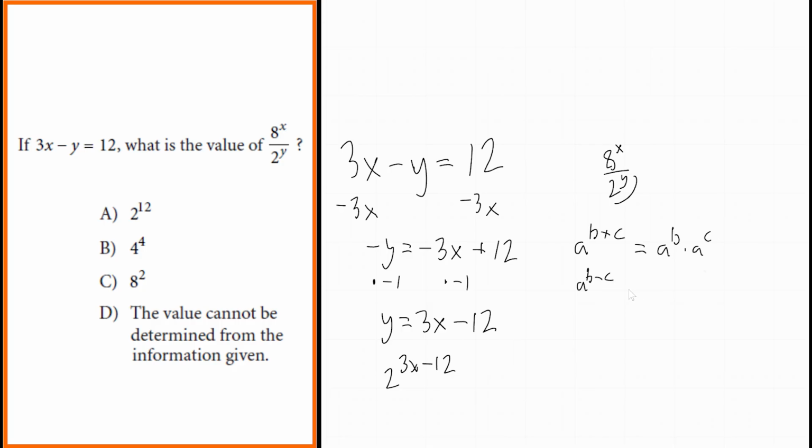If we had a to the b minus c, that would be the same thing, except we would have a negative c over here. So what this means is that our value here of 2 to the power of 3x minus 12 is the same thing as 2 to the power of 3x times 2 to the power of negative 12.